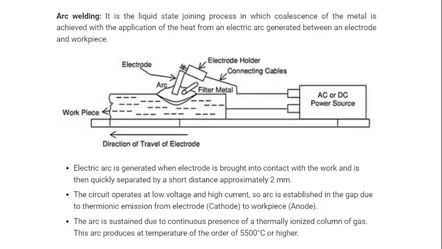Firstly, we have seen arc welding is a liquid state joining process. What happens in this is that an electric arc is generated by the electrode. With that arc, heat is generated, and with the help of that heat, the base metal is melted.